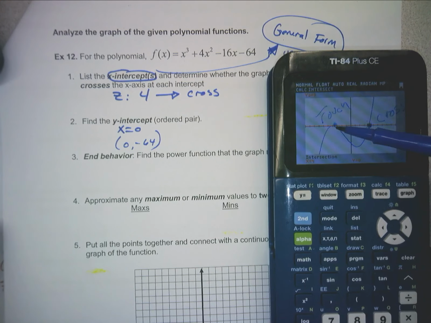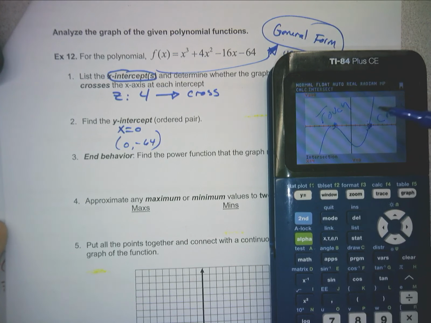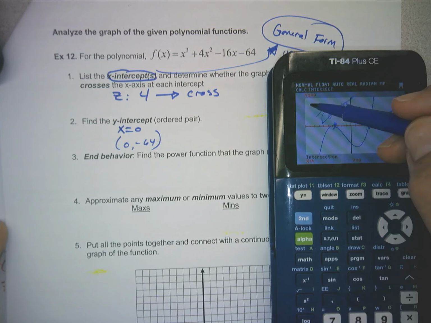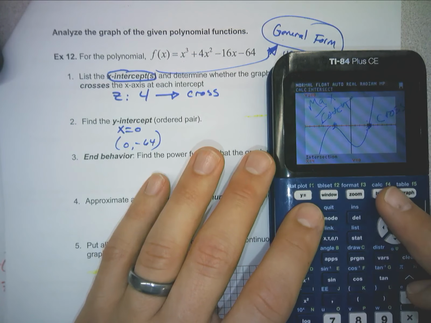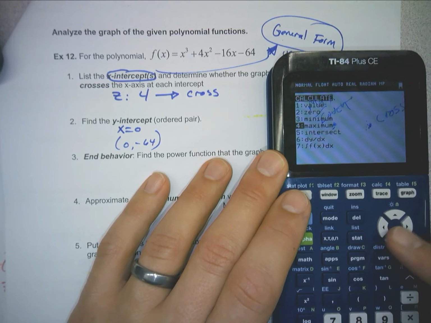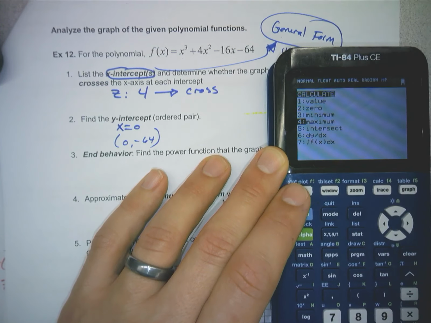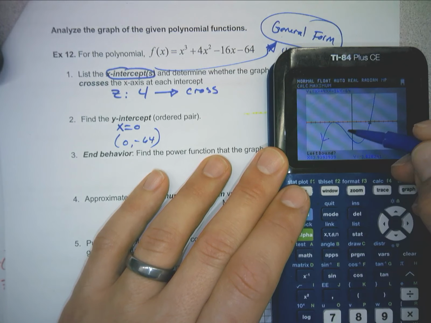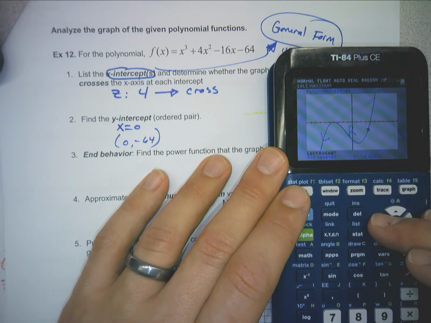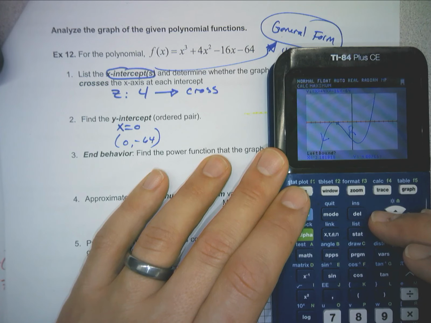To find this touch, it's not only a touch, it's also a maximum. We know how to find maxes on our calc, so let's find that maximum. Second trace, max. It says left bound, right bound, guess, so I get to the left of that maximum, where it touches the x-axis, where I think it does.